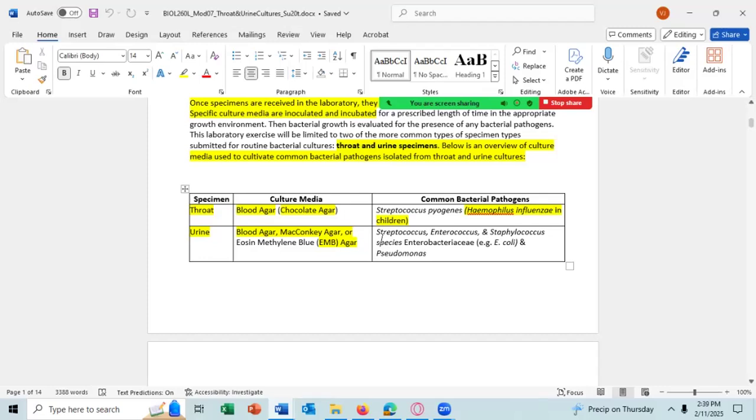And then we're looking for these common bacterial pathogens in the urine: Streptococcus, Enterococcus, Staphylococcus, and all of these grow on blood agar. And then Enterobacteriaceae, especially E. coli, but other Enterobacteriaceae and Pseudomonas, and they will grow on McConkey's agar and EMB as well as on blood agar. Any question about any of that?